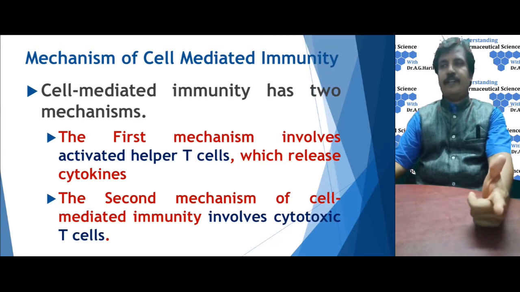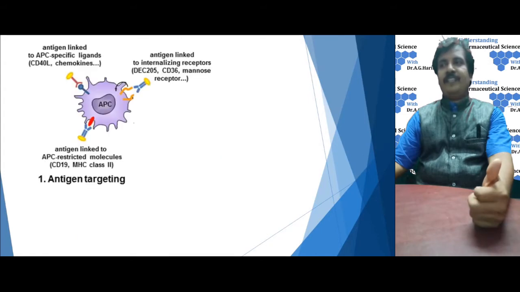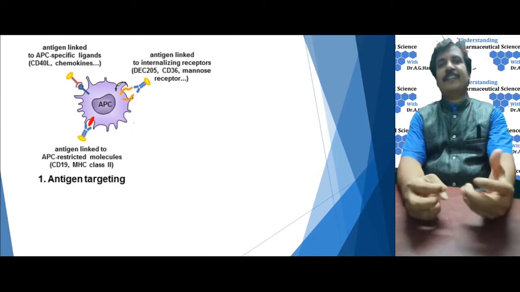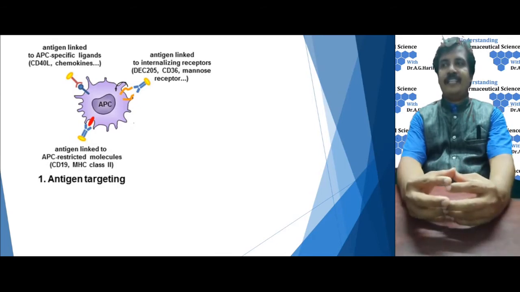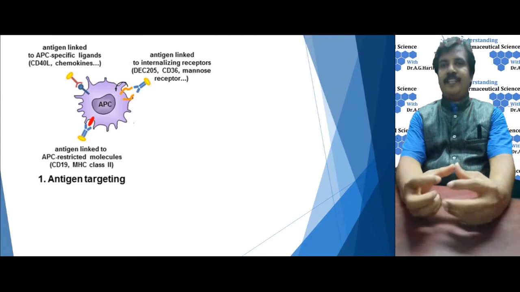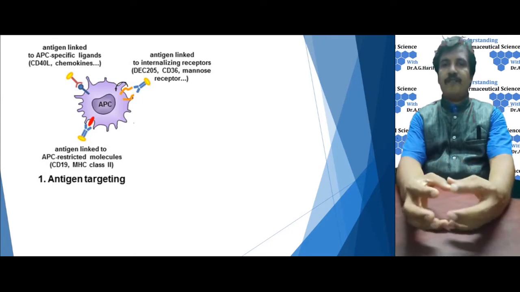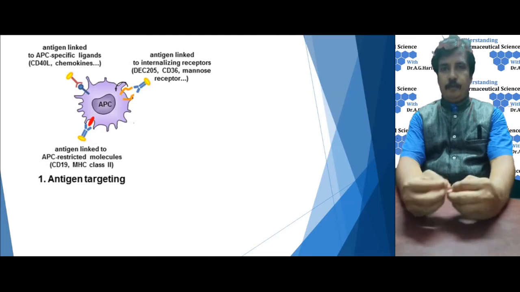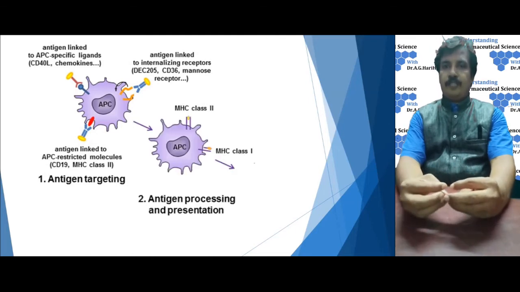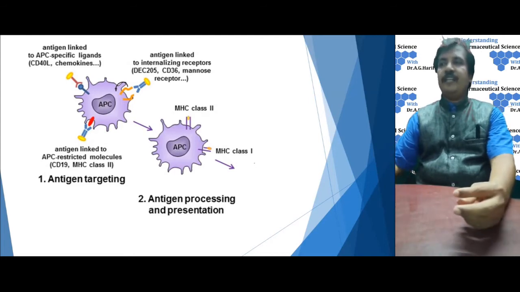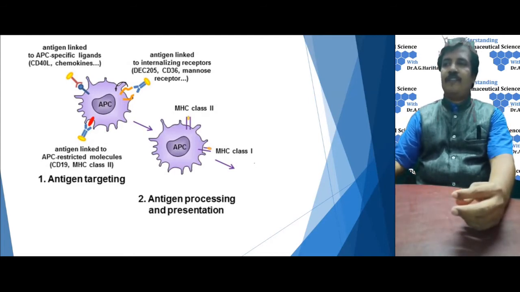I can tell it in another manner. I have represented it in the picture, as you can see. Once the antigen enters the body, in the case of an intracellular antigen, the antigen presenting cell, which may be a B lymphocyte or macrophage, engulfs this antigen and processes it. After processing, it presents it on various types of receptors, as you can see from the figure.